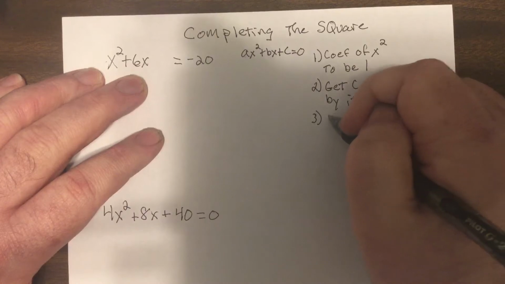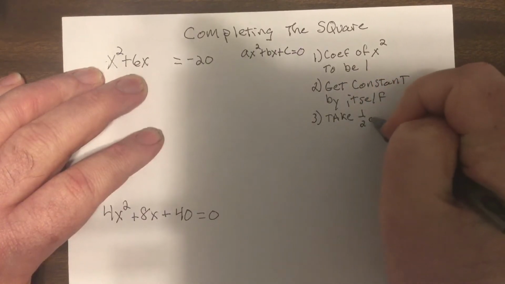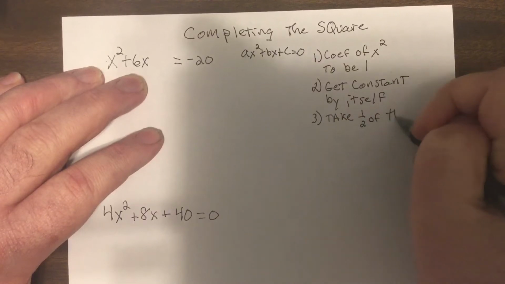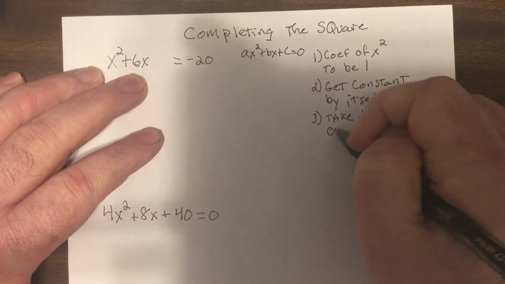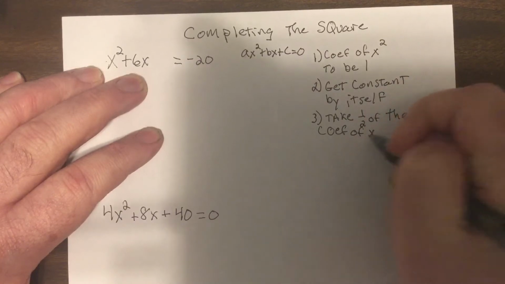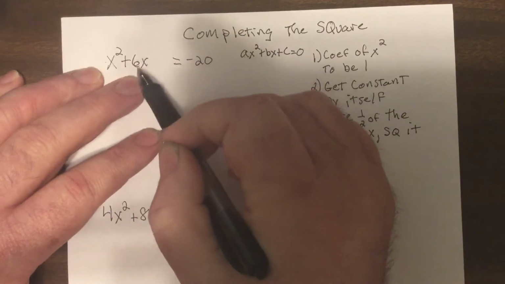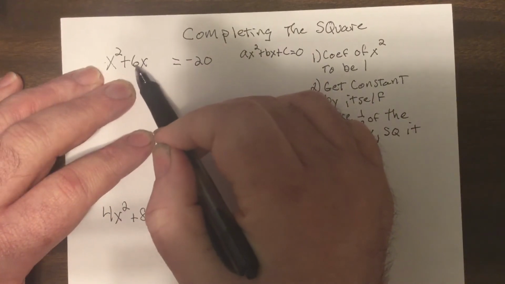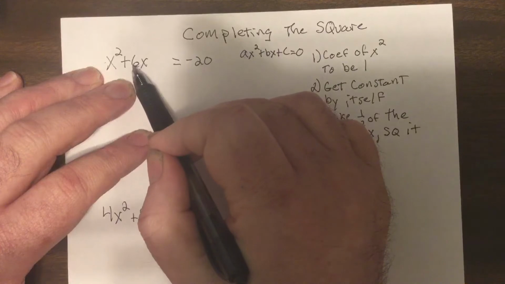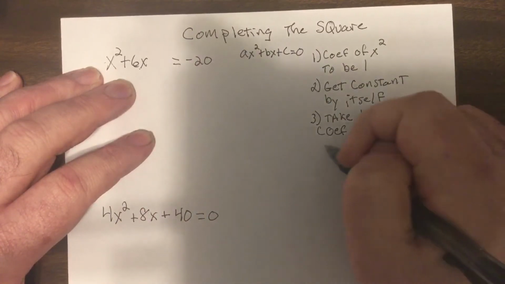So you take half of the coefficient of x, square it. So half of this number squared, coefficient number times x, half of it, square it, and add to both sides.